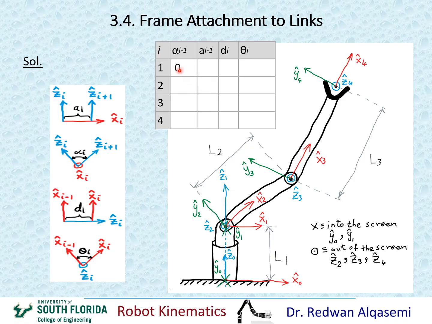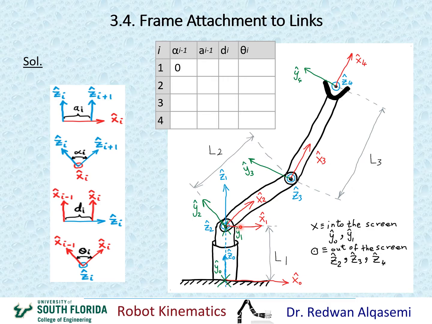Now for when i equals 2, I'm looking at alpha i-1, which is alpha 1. So for alpha 1, I'll be looking at z1 and z2 about x1. Okay, so z1 is right here, and z2 is coming out of the screen. And I'm going to be looking at this angle about x1, the angle between z1 and z2 about x1.